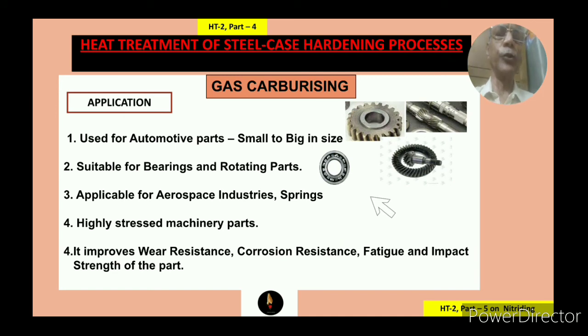So friends, I have told you enough about gas carburizing. If I repeat it, first of all I introduced you to gas carburizing with the different types of furnaces which are being used. What is the definition of gas carburizing, and after that, what are the various systems. And after that, I told you about the process cycle with different cycle measurements, and about the different types of gases which are being used in this gas carburizing furnace, particularly methane and CO, which are responsible for giving you a hard case.